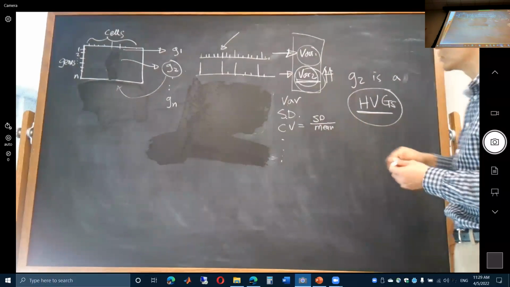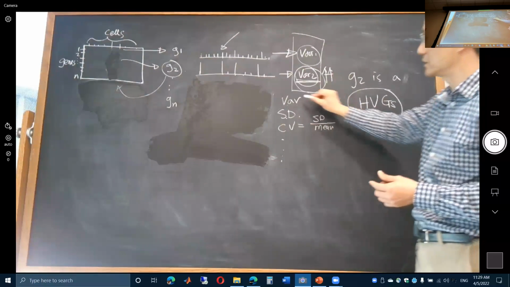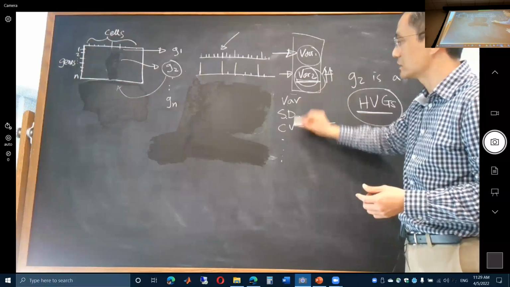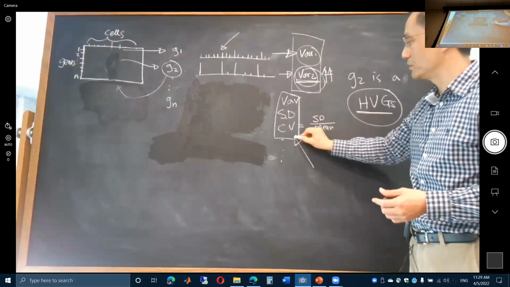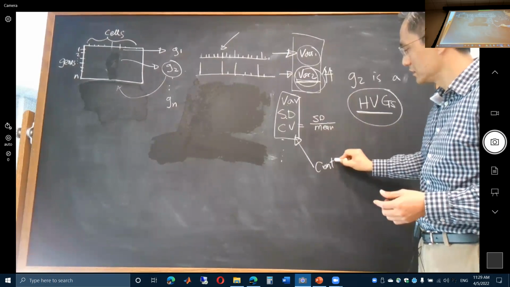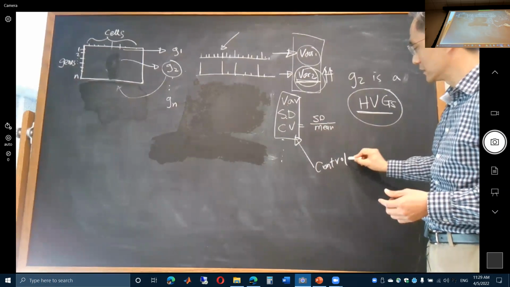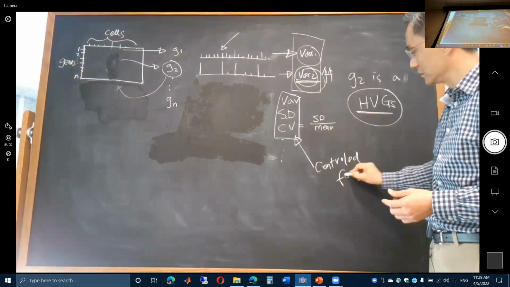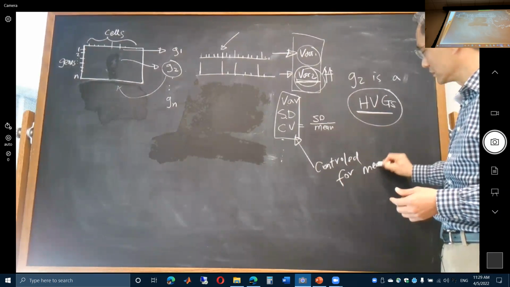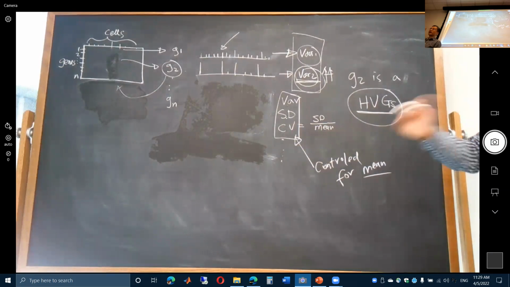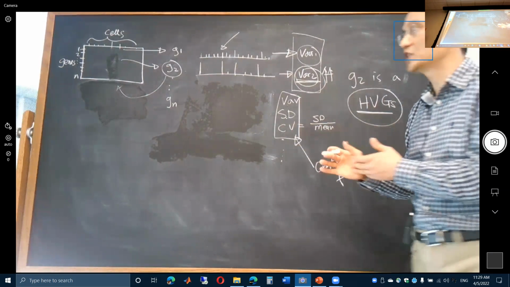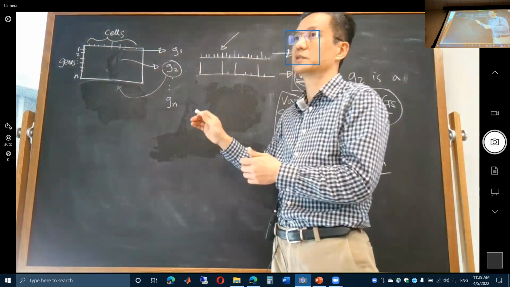In the middle, I will show you that we need to control for the mean in order to give a more realistic estimation of gene expression variance.